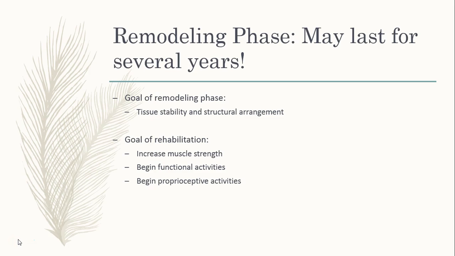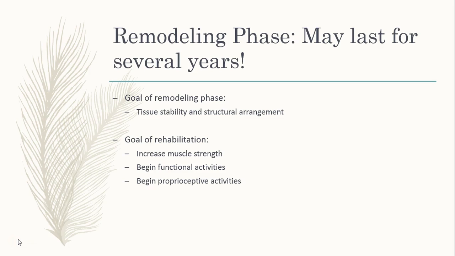What we really want to work on with this is reestablishing tissue stability and the structural arrangement of the tissue. So we really want to make sure that the tissue in the healthy leg and the tissue in the unhealthy leg look very similar. Of course, you can't look under a microscope to figure that out unless you have x-ray vision. Again, not Superman, can't do that.